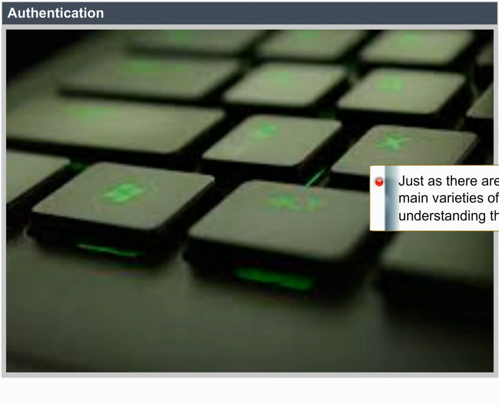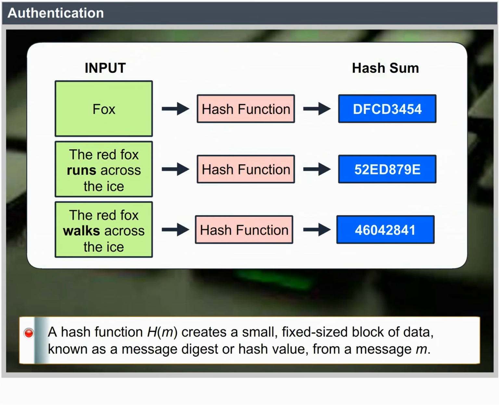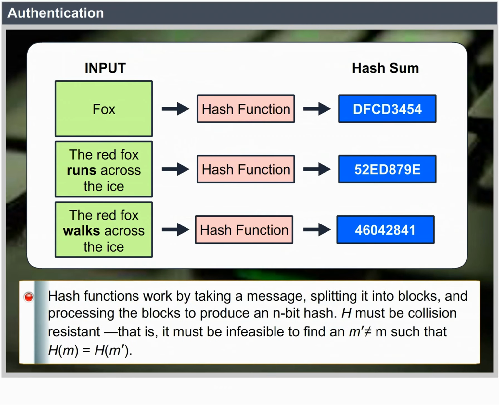A hash function H(m) creates a small fixed-sized block of data known as a message digest or hash value from a message m. Hash functions work by taking a message, splitting it into blocks and processing the blocks to produce an n-bit hash.